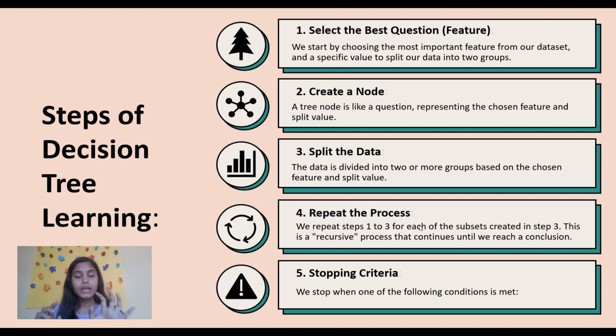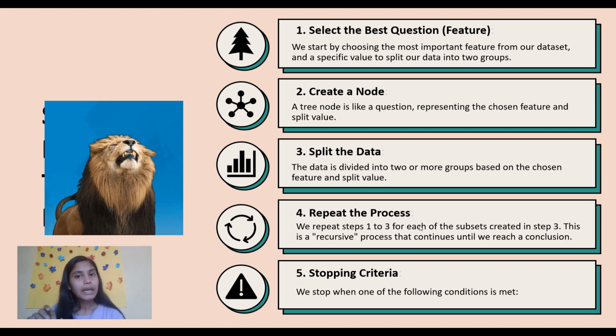If the animal has stripes, then take it to the right side. If it doesn't have stripes, then take it to the left-hand side. So giraffe and zebra will come onto the right-hand side, and the lion, which does not have stripes, will come onto the left-hand side.